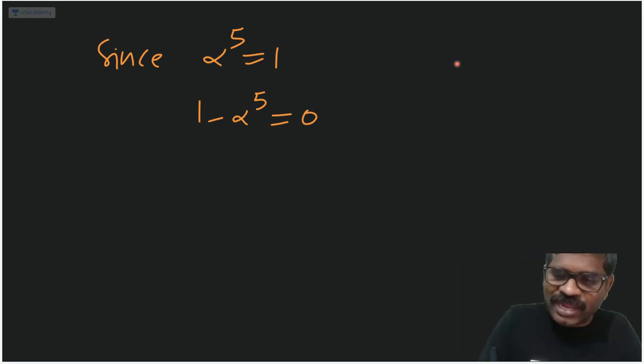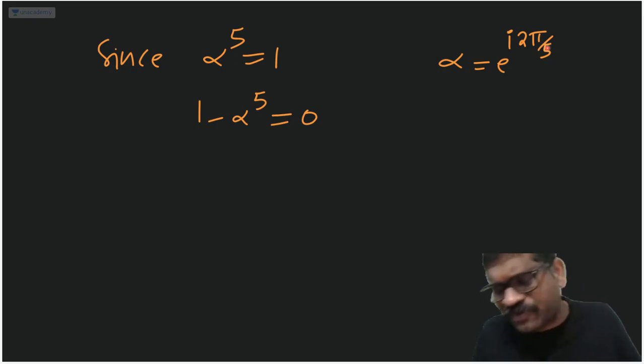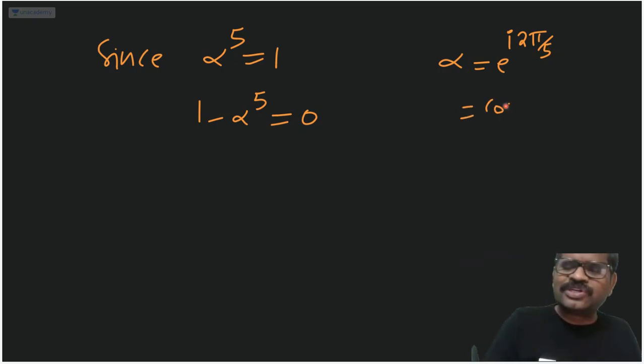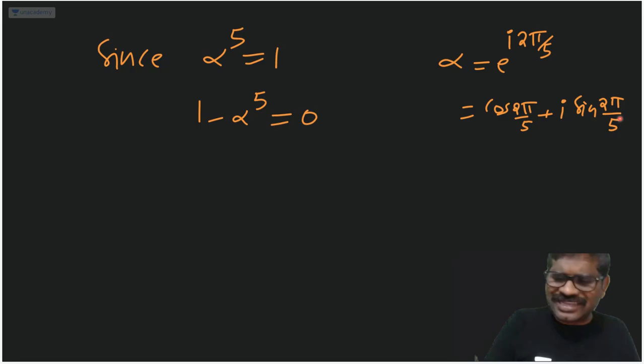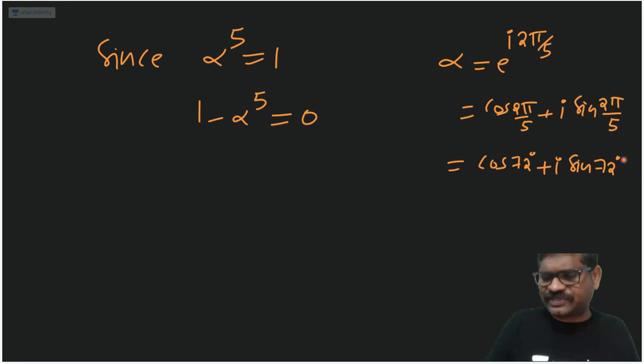Alpha is e power i 2π/5, which is cos 2π/5 plus i sin 2π/5, or cos 72 degrees plus i sin 72 degrees.